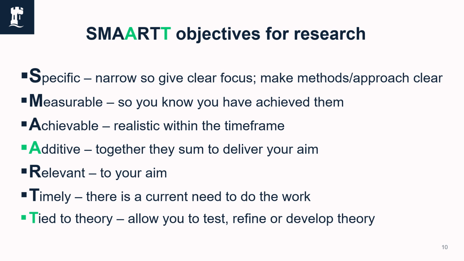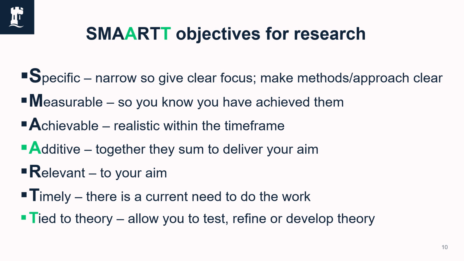They need to be measurable, because you need to be able to tick off when you've reached the point where you have fully addressed each of your objectives. So you need to know that you've achieved them, and the person evaluating your thesis needs to be able to see, because your objectives are measurable, that you've achieved them.